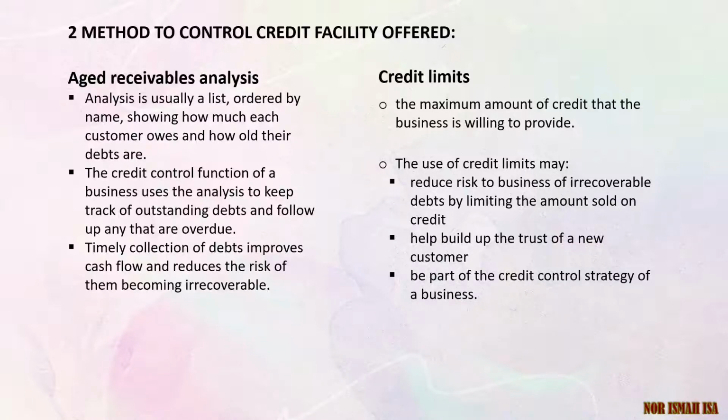One is aged receivable analysis, which is usually a list ordered by name showing how much each customer owes and how old their debts are. The credit control function of a business uses the analysis to keep track of outstanding debts and follow up any that are overdue.